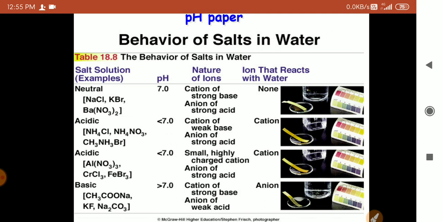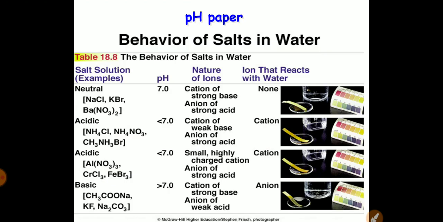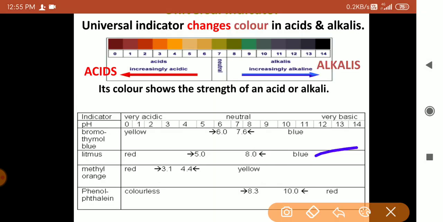Then acidic again: Al(NO3)3, where NO3 is the anion, and small highly charged cations, and you can see CrCl3, FeBr3, ferric bromide, highly charged cation, anion of strong acids. Okay, just try to understand this table, because it's very important.